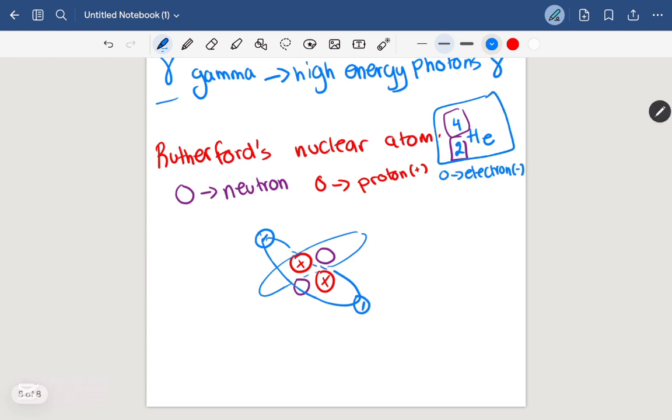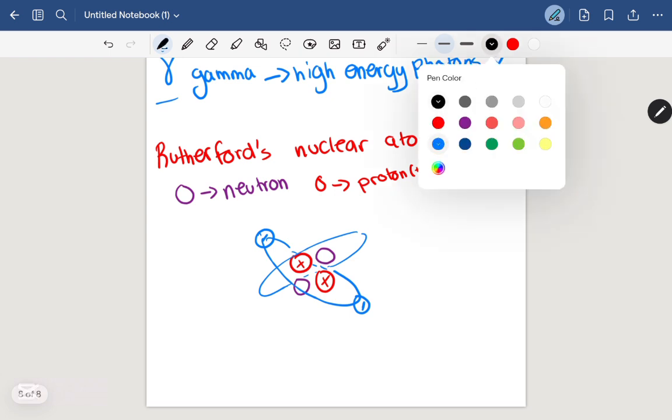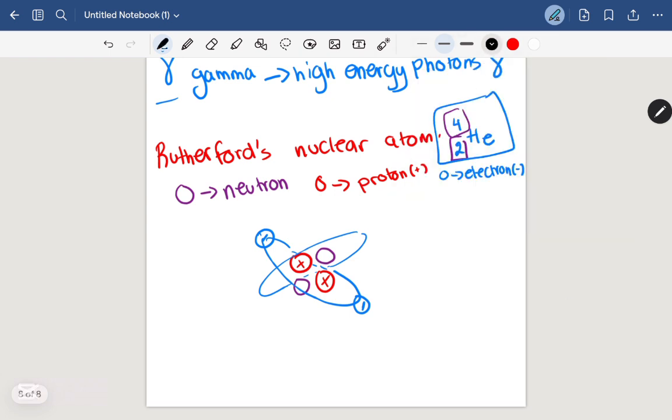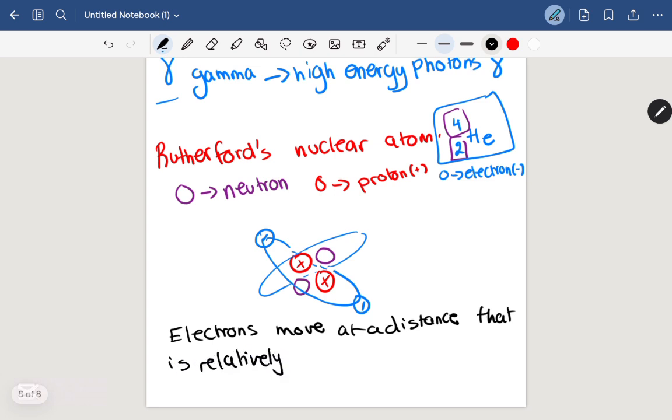electrons as protons. Now, a very, very important key detail you are supposed to know is that electrons move at a distance that is relatively larger than the nuclear radius.